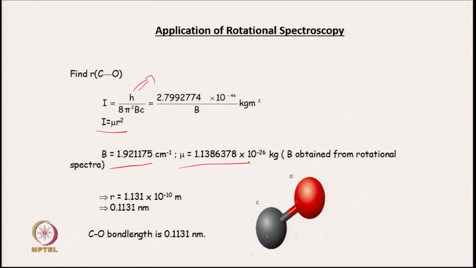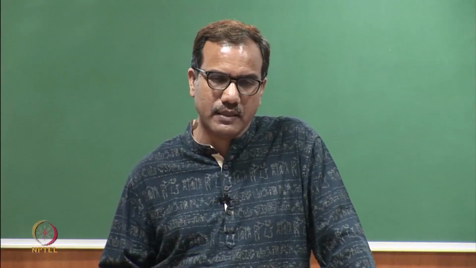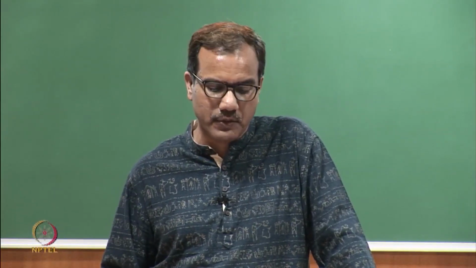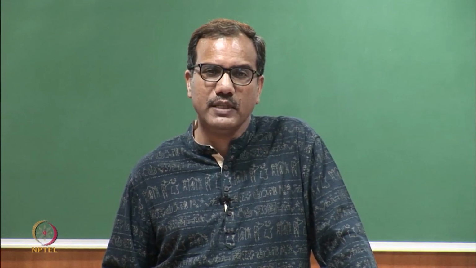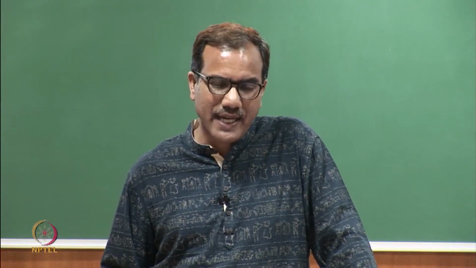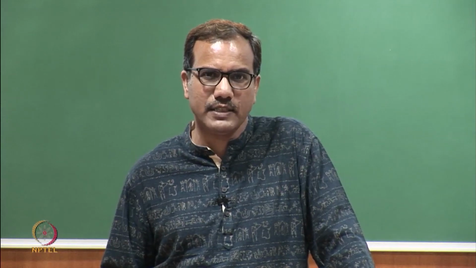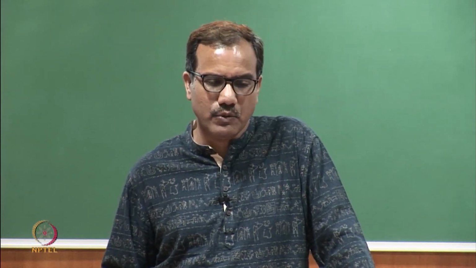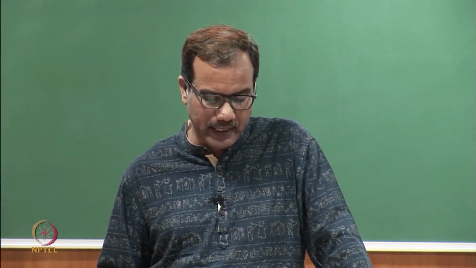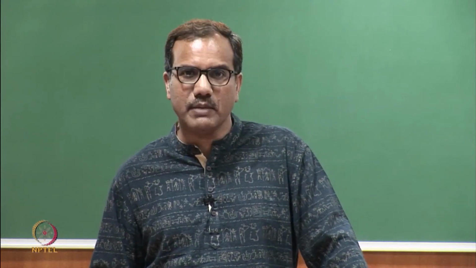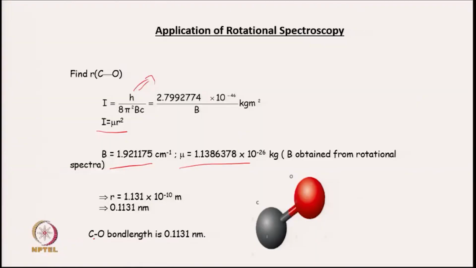So if you can measure the rotational constant from rotational spectroscopy, you can calculate moment of inertia, and since moment of inertia is related to bond length, the bond length can be calculated, and that is what we have done in this example. From this, the CO bond length is calculated to be 0.1131 nanometer.